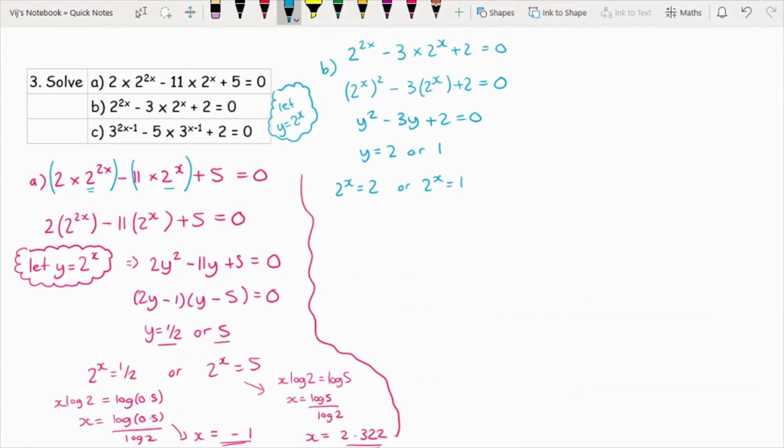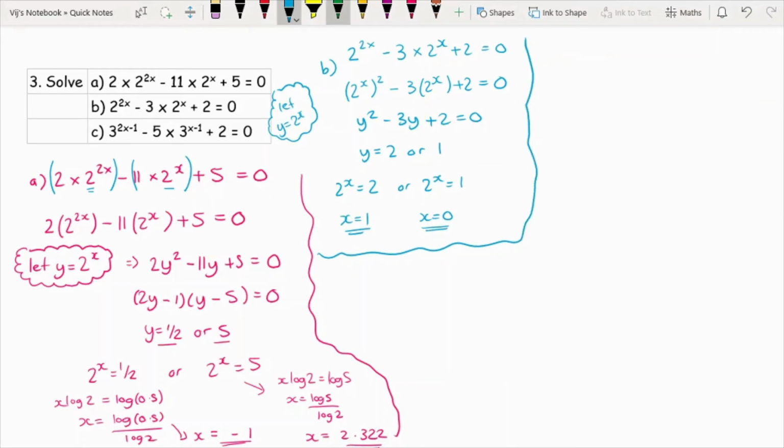I don't need to do any logs on this one. Well, I can, it doesn't make a difference, but x must be 1 in this case because anything to the power of 1 equals itself, and x must equal 0 in this case because anything to the power of 0 gives you 1. But again, if I did the logs of both sides, I would have ended up with the exact same answer.